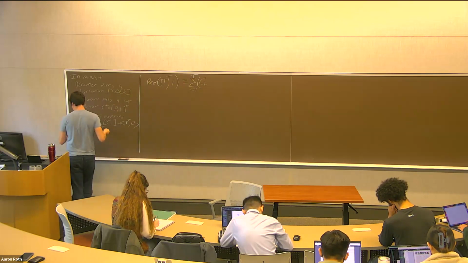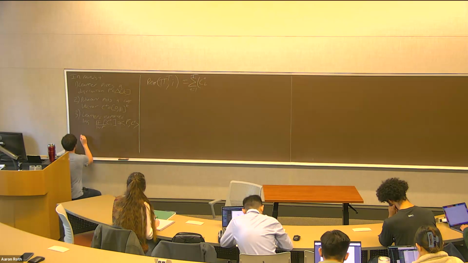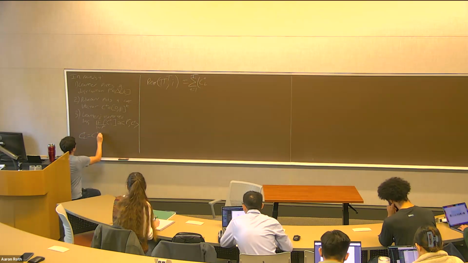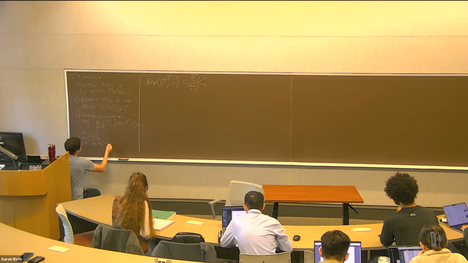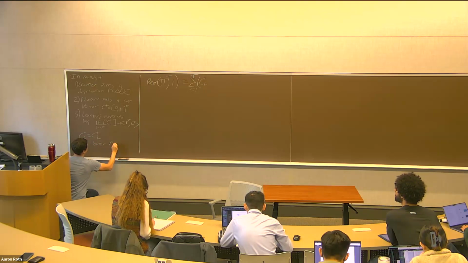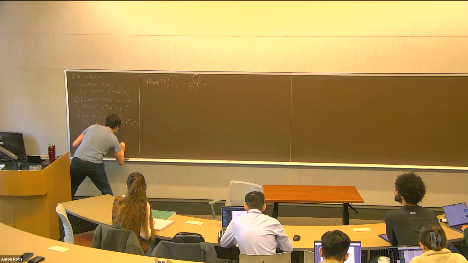Let's say that the cost of the learner is the cost of action i_t, if the learner picks action i_t at round t.